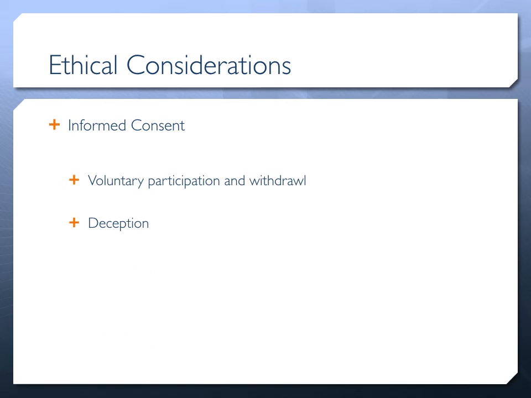Another ethical consideration is deception. So again, if I am doing a placebo-controlled study, but I tell people that what they're getting is the medicine and they're getting placebo, that's a little bit of deception. If I say I'm not going to collect X information from you and I do collect it and publish it, that's deception.